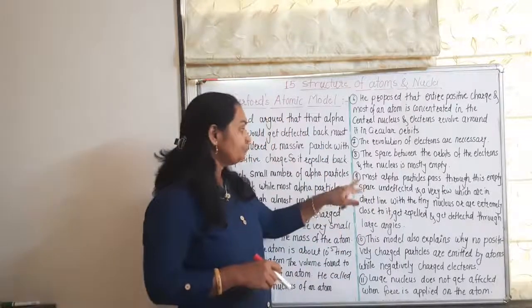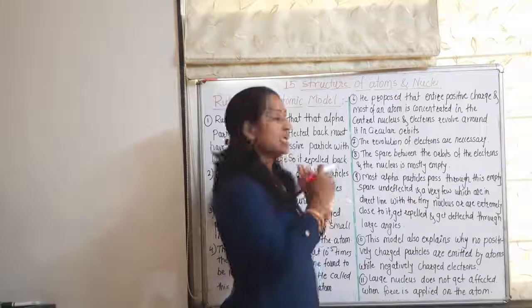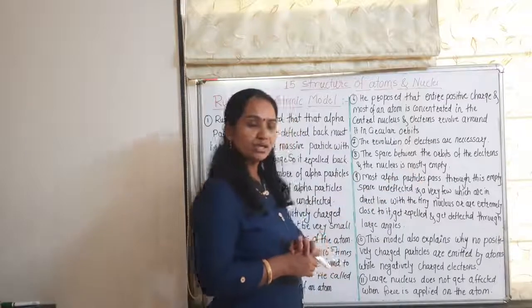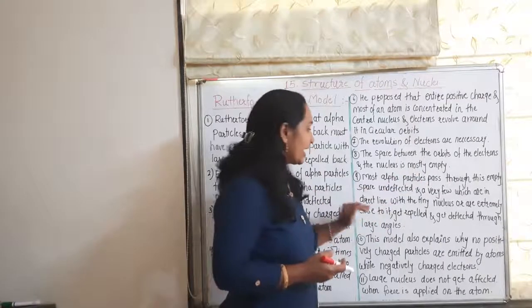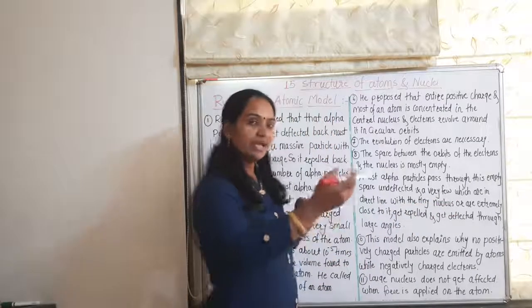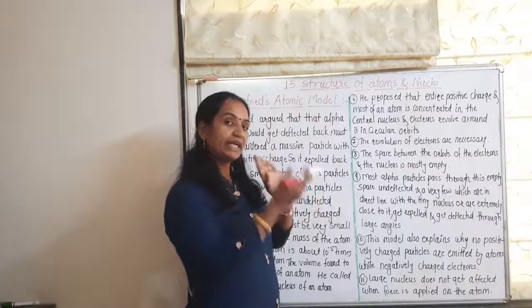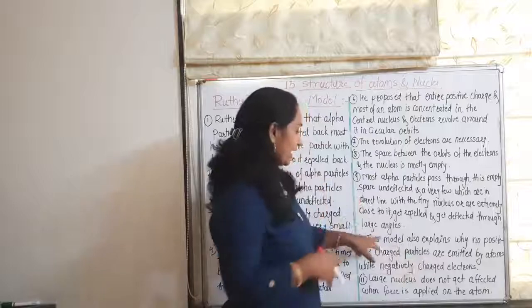So most alpha particles pass through, and some alpha particles that pass extremely close to the nucleus get reflected back and deflected through very large angles.